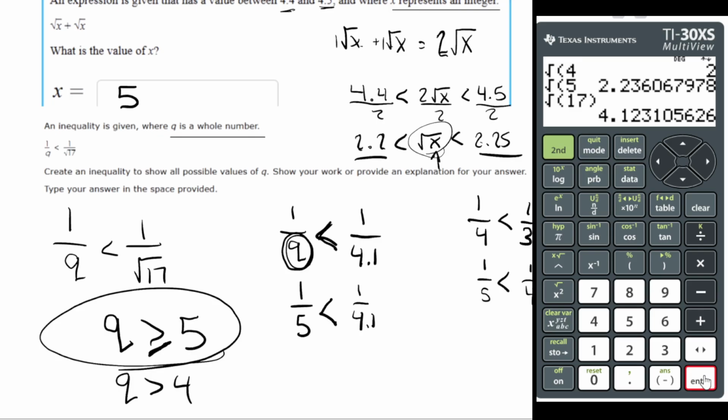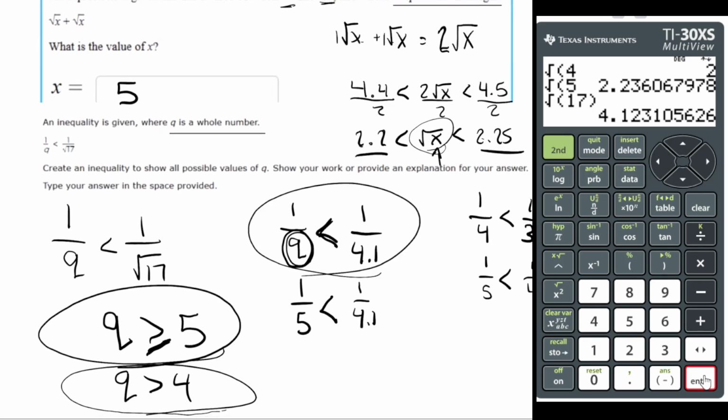Could you? Yeah, you can put q is greater than 4. Either works, because all values greater than 4 would make this statement true. So that's it.